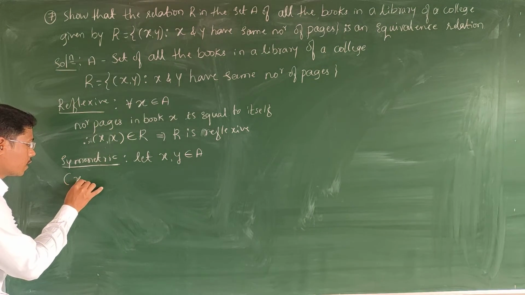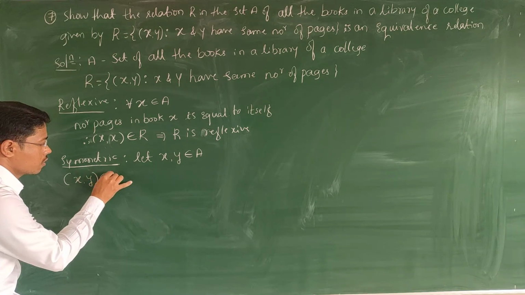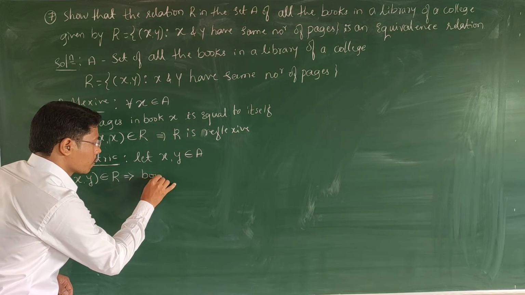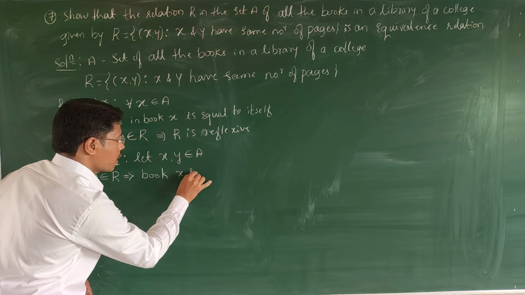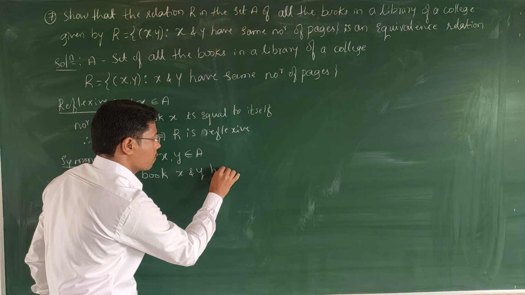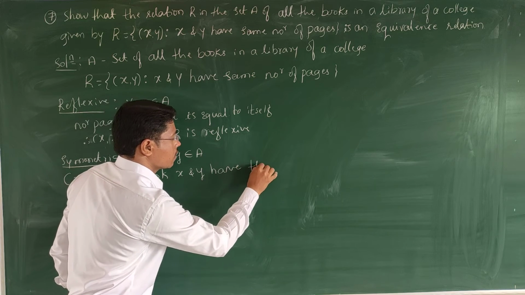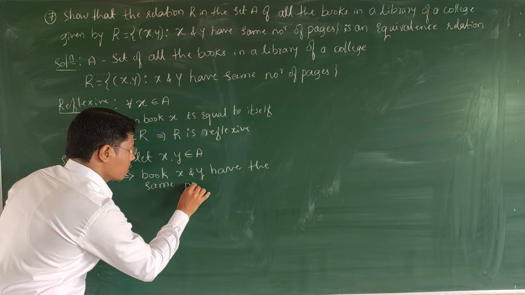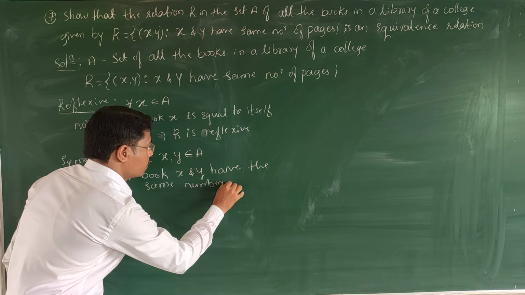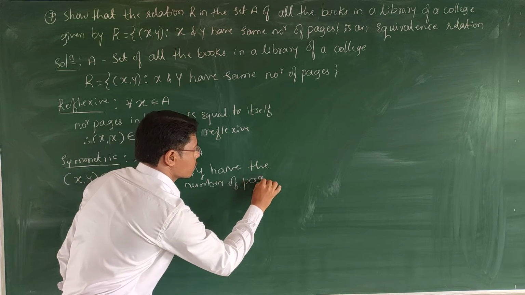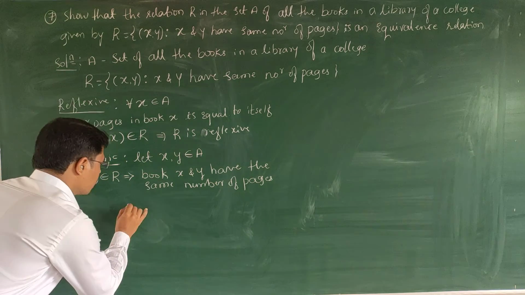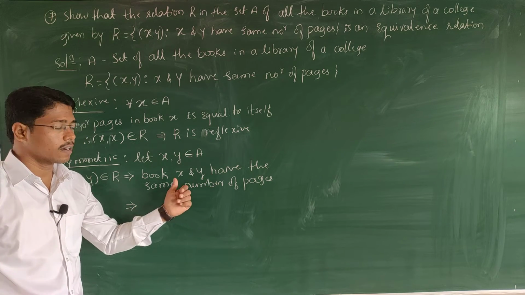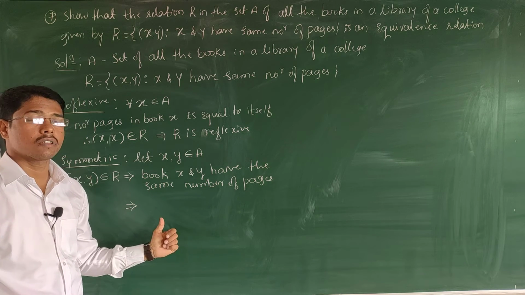First we have to consider X, Y belongs to the R. It means books X and Y have the same number of pages. X and Y have the same number of pages. We can write it in reverse: Y and X have the same number of pages.